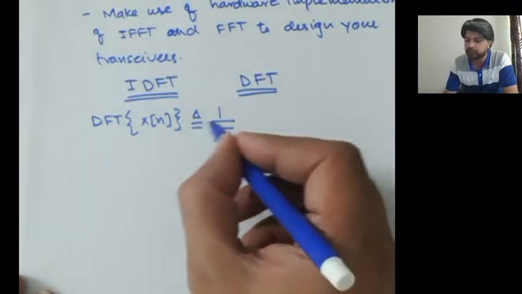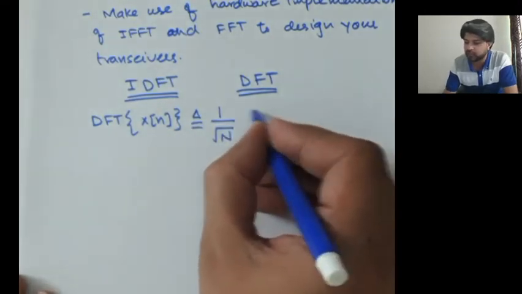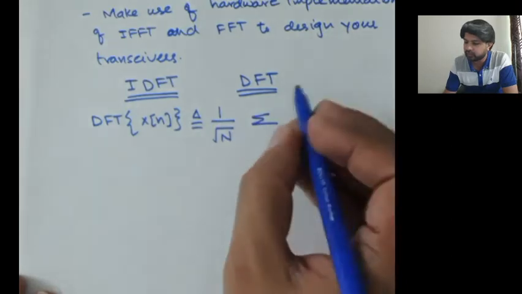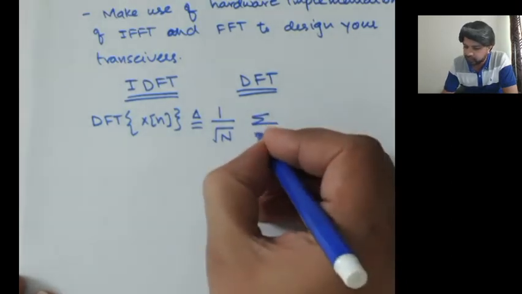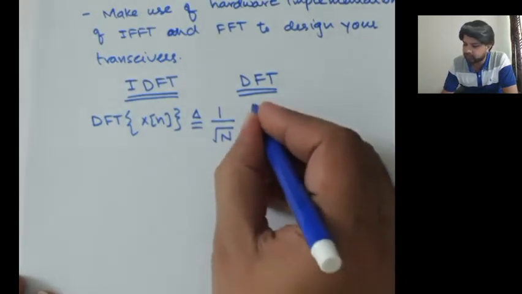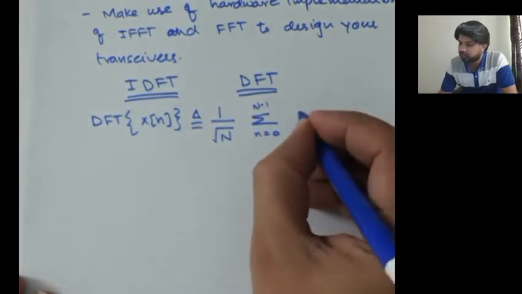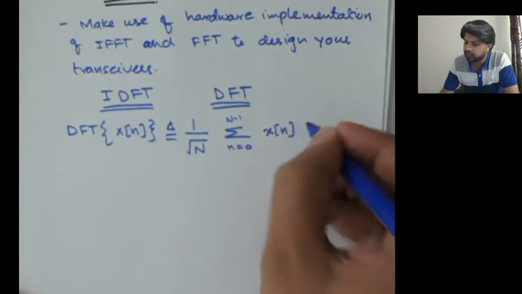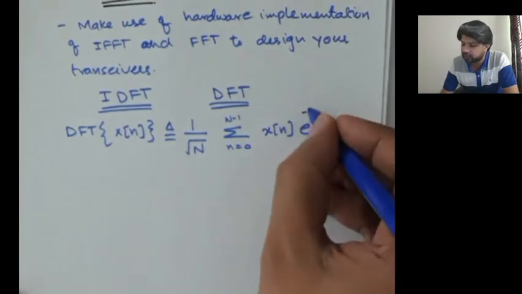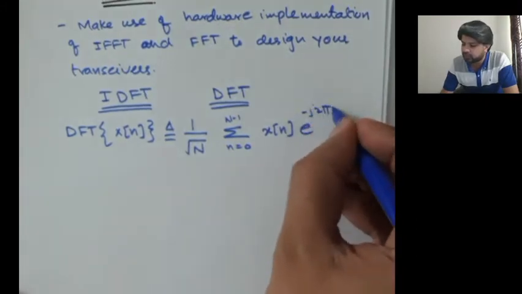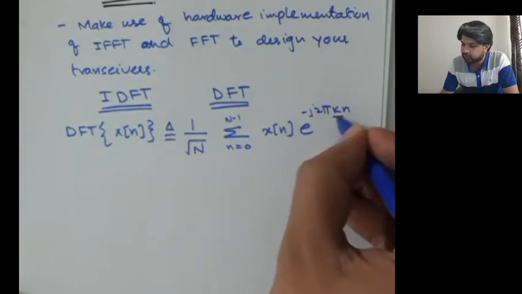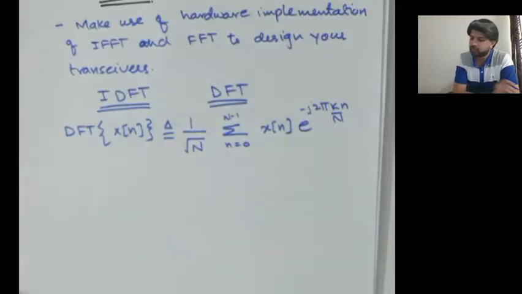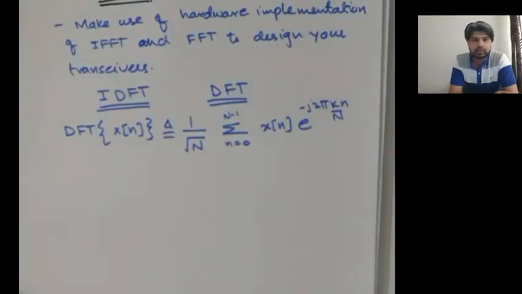So the definition used here is 1 over root N, summation n equals 0 to capital N minus 1, x of n times e to the power minus j 2 pi kn over N. So this is the definition of the discrete Fourier transform.